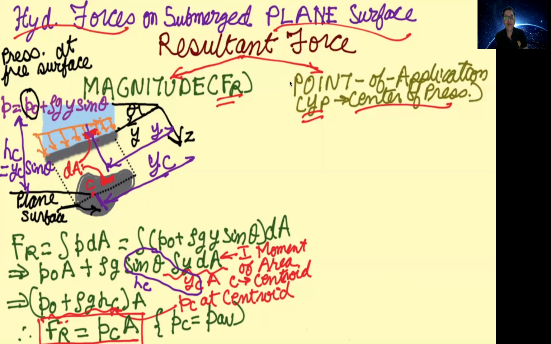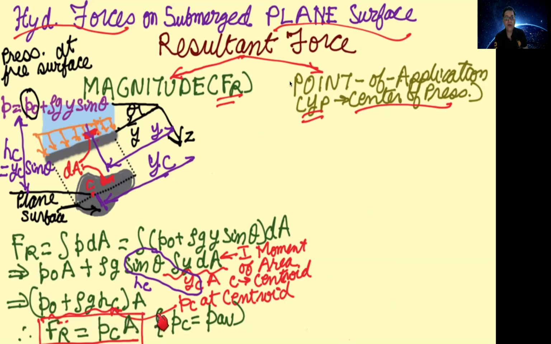So for any problem, if you have to calculate the resultant hydrostatic force, you do not bother about the pressure distribution on the surface of the plate. You just consider one point, which is the centroid of that plate, and determine the height of the centroid of the plate from the free surface, and using that you can calculate the resultant force by considering the free surface pressure plus rho g, the height of the centroid.